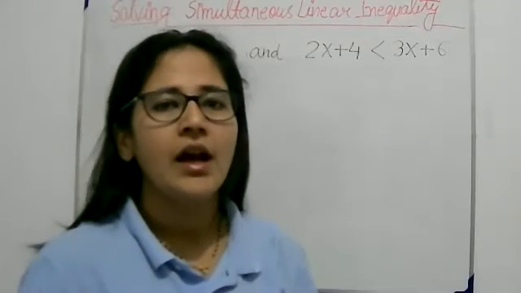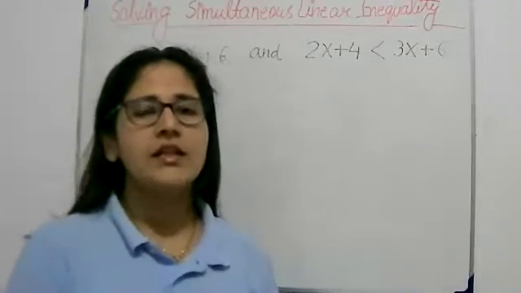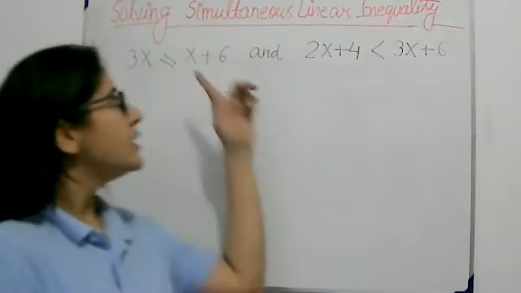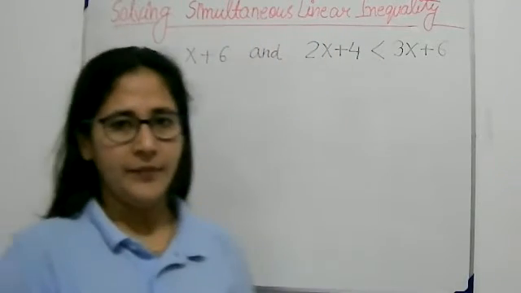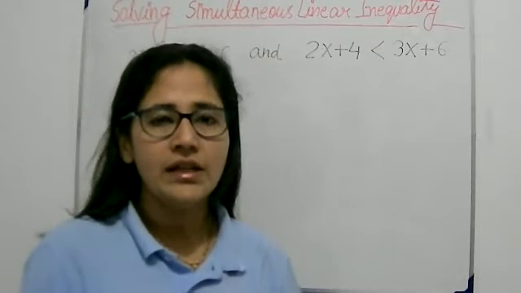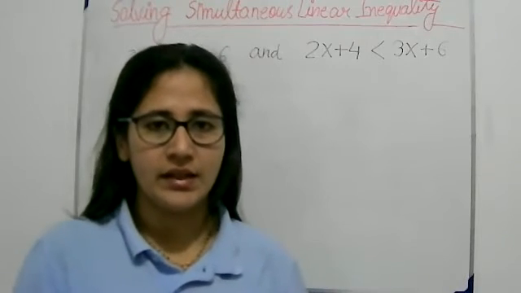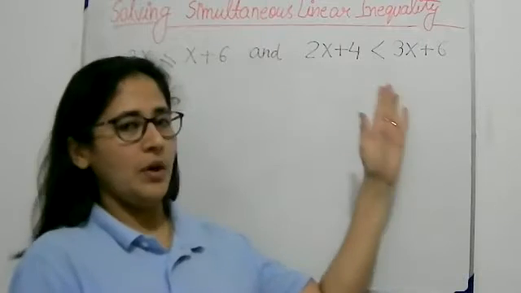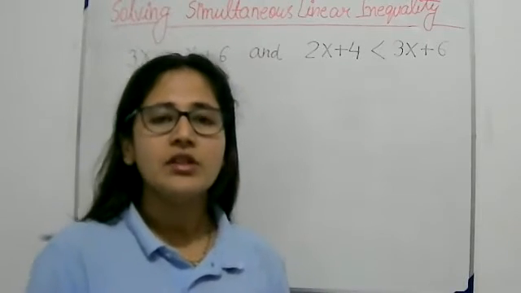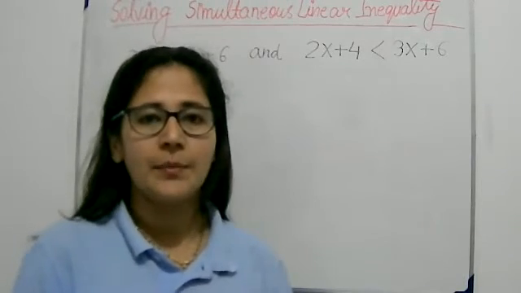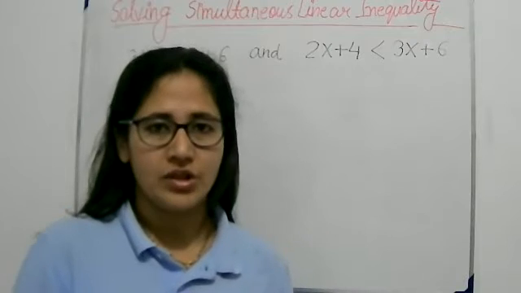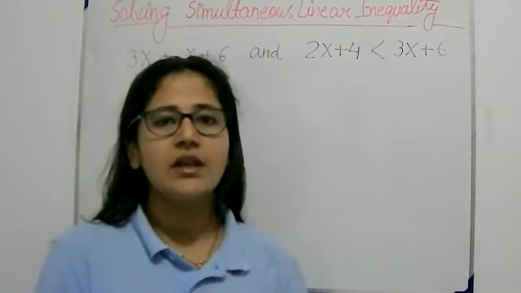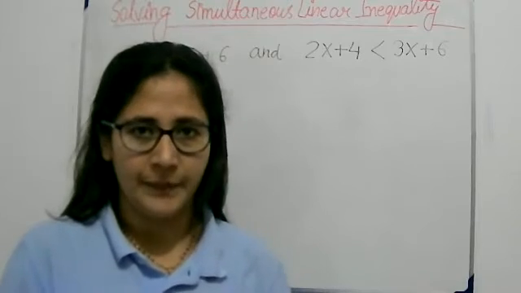Hello everyone. Now, after understanding linear inequality, we will learn about simultaneous linear inequality. To solve linear inequalities simultaneously means we will solve each inequality separately and find the solution, and then we will consider only the common solution of each inequality.